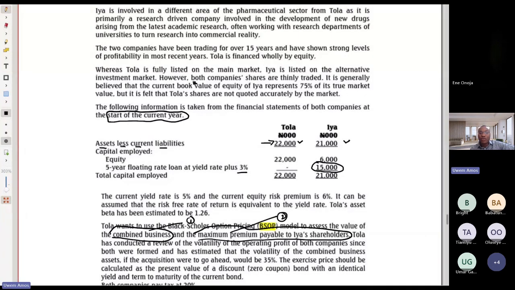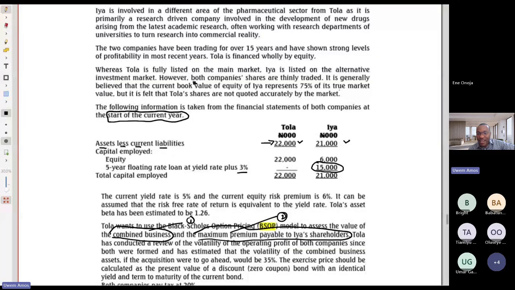So 15,000 is our 5-year floating rate loan at yield rate plus 3%. So the book value of our loan is 15,000. And that is the book value.